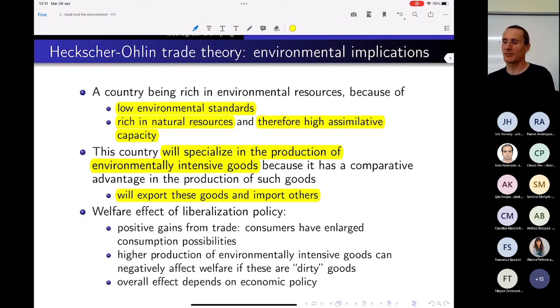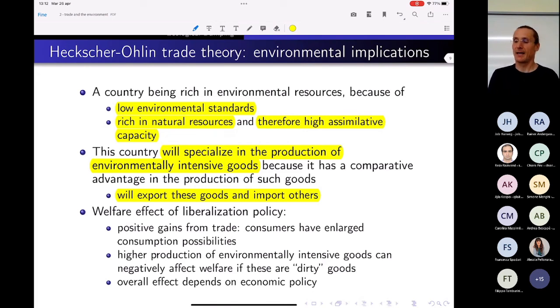Here, what's important from an environmental point of view is that since trade flows, according to this theory, depend on endowments, and therefore on the endowment of environmental resources. Usually it's natural resources that we extract and use and export. But what we are more interested in are environmental resources like pollution and CO2 emissions.